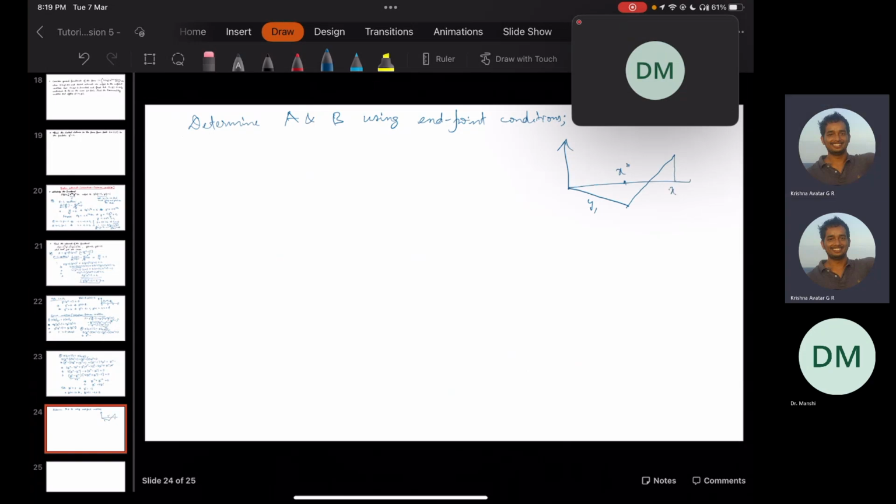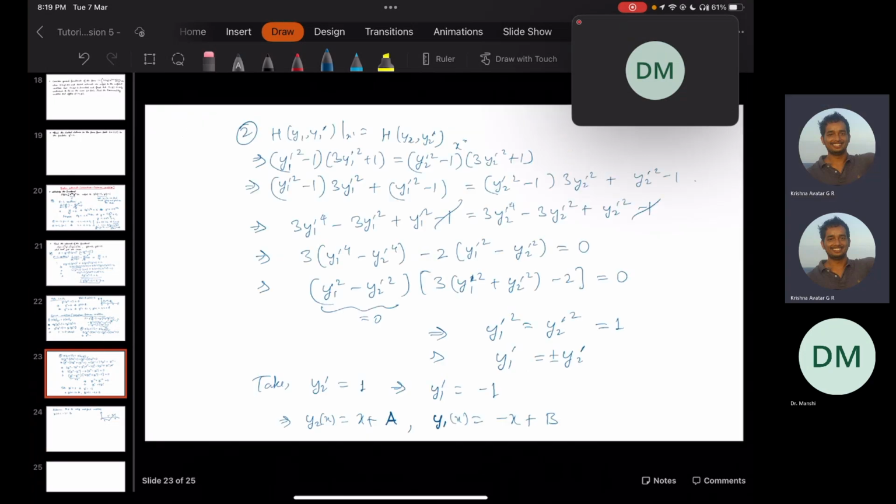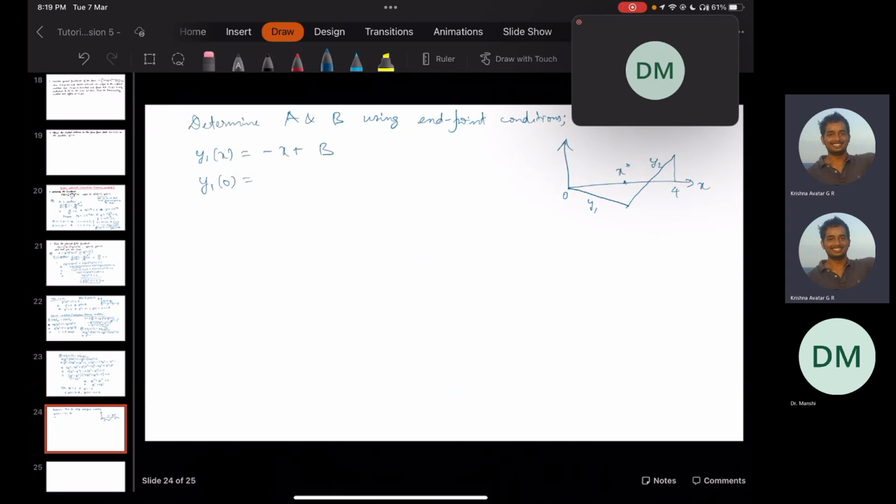And this is x is equal to 4, and this is 0. Okay, so now we know that y1 of x is equal to minus x plus b, isn't it? And now what we clearly say is y1 at x is equal to 0 is 0. So this implies that b is equal to 0.